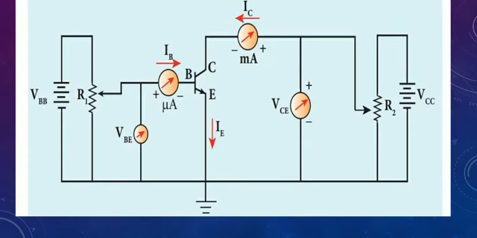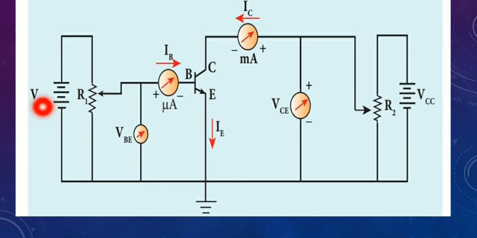Now these are the characteristics of an NPN transistor in common emitter mode. This is the collector, this is the emitter, and this is the base. This is one circuit. The base is connected to a resistance and to the base voltage, VBB.